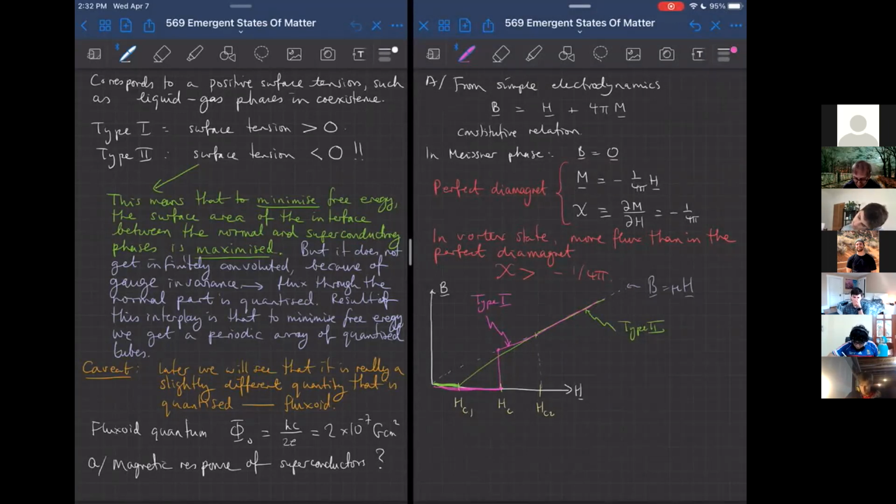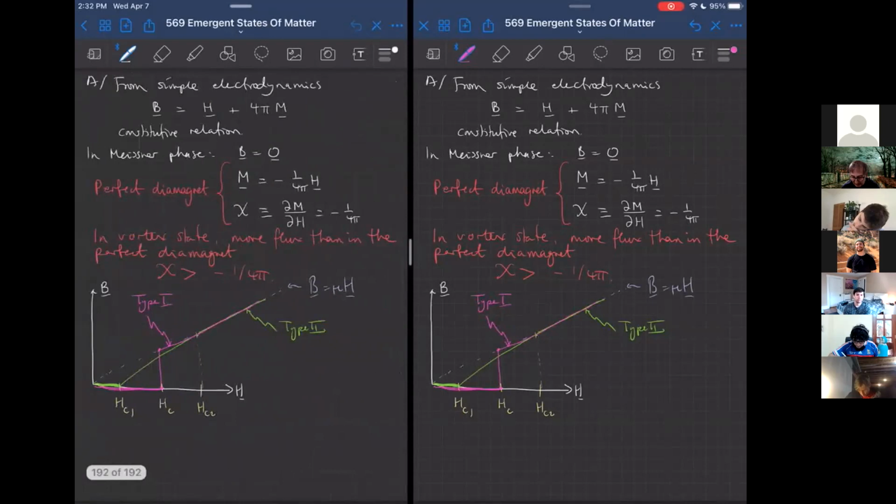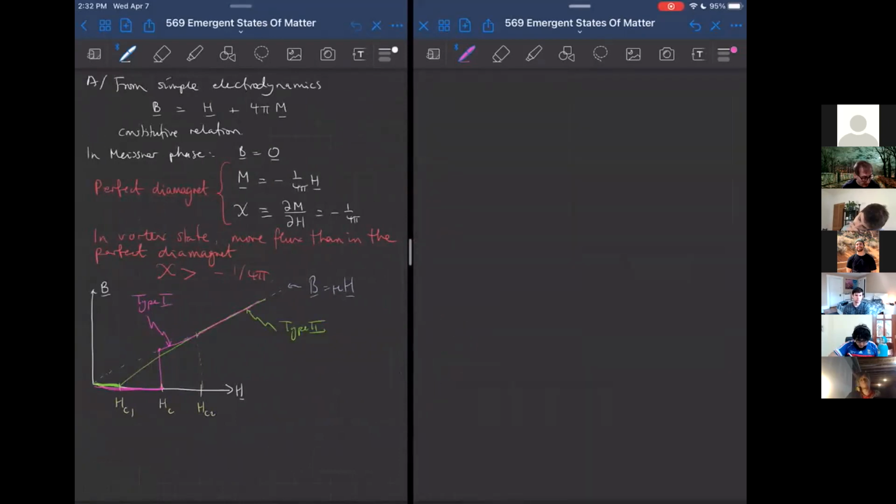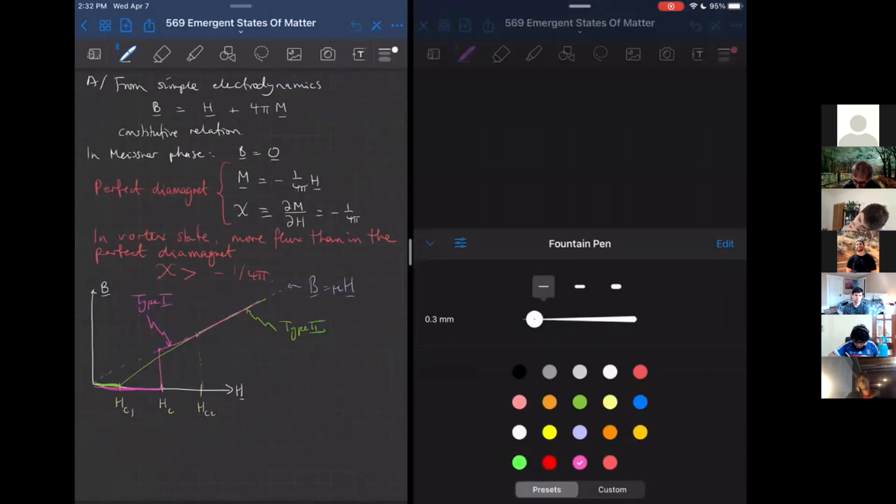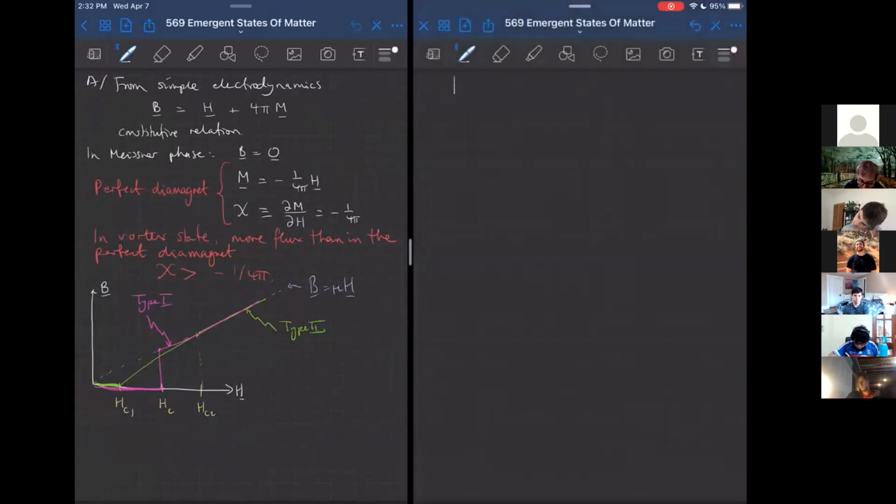And if I were to plot this not in B versus H, but in M versus H, let's draw that because it's quite interesting. So here's 4 pi M. Then again, my lines are HC1, HC, and HC2, like so.